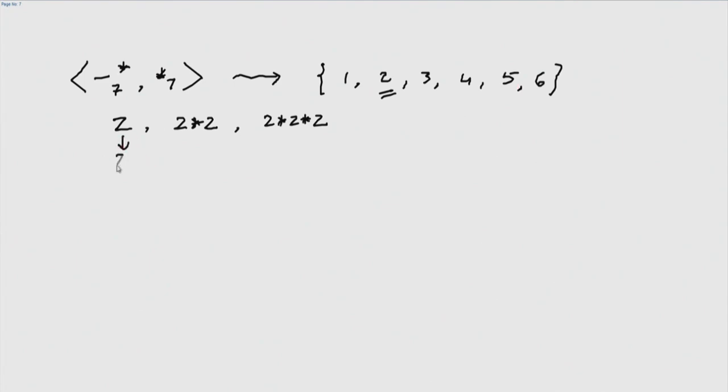So the first element was just 2, the second element is 4, the next element is 8, and multiplying these modulo 7, I get 1. So I find that 2 is not a generator because now I find a number repeated over here and this number will keep repeating. So this is not a generator of this group.